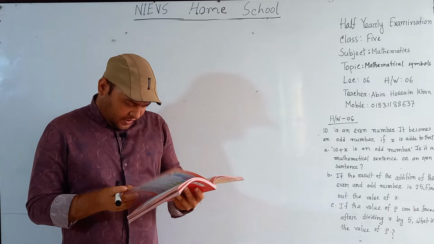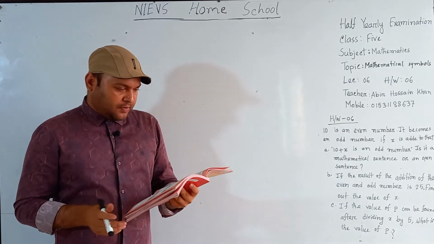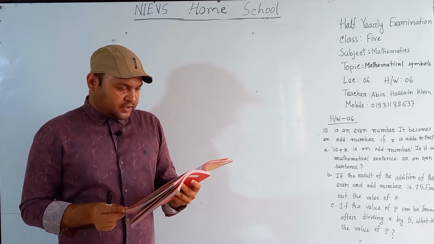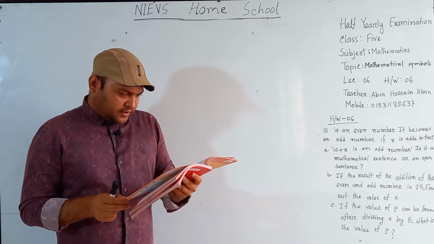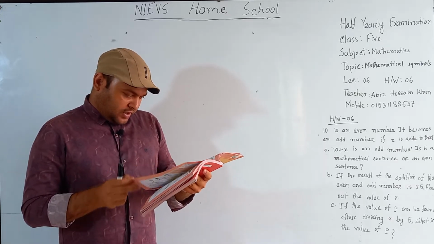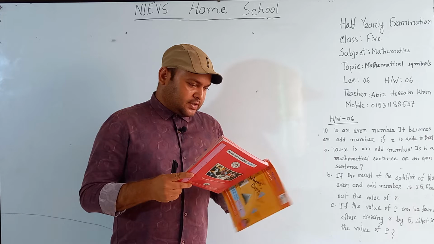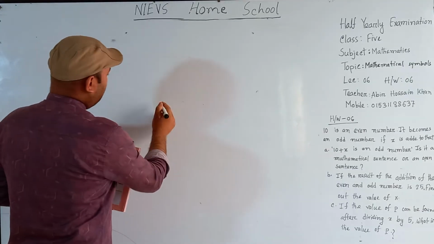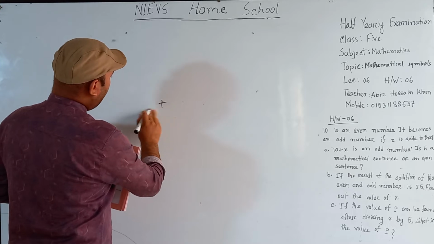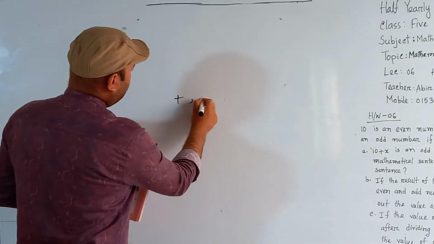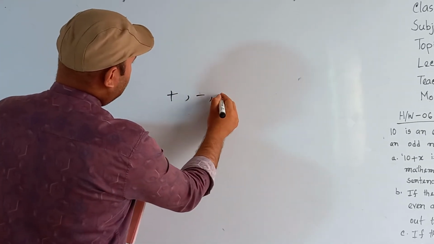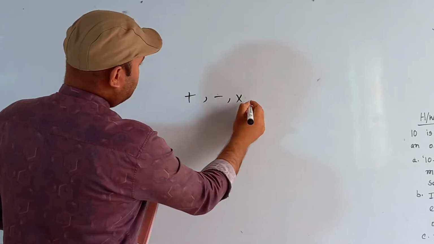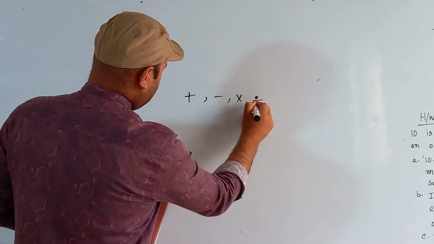Open your book at page 21, chapter 4. This is mathematical symbols. After starting the chapter, we know that this is the operators plus, this is minus sign, this is multiply sign, and this is division sign.